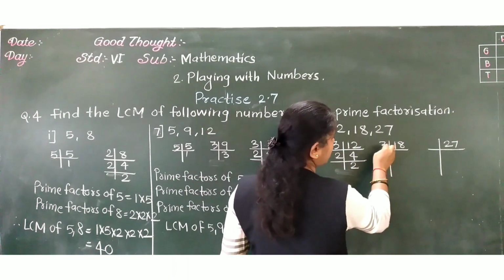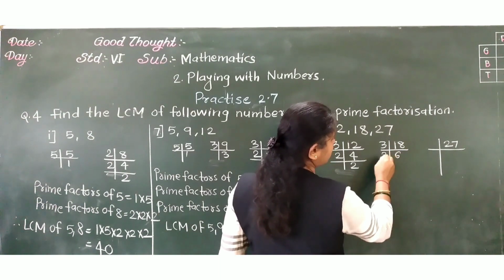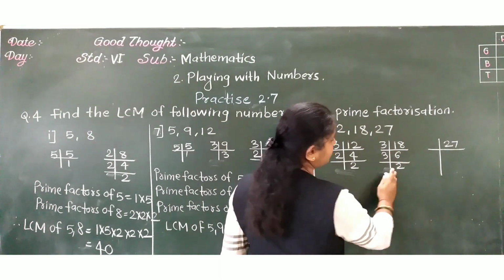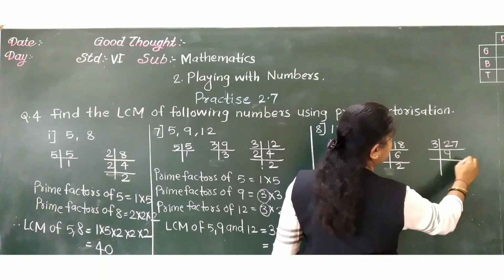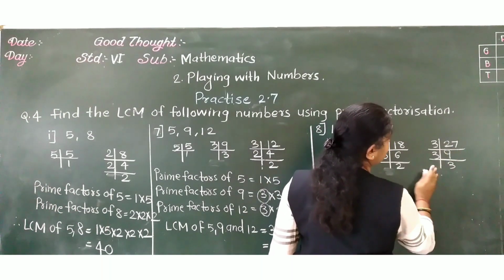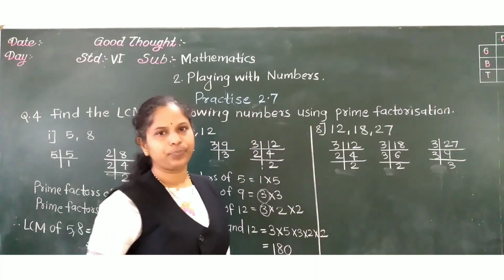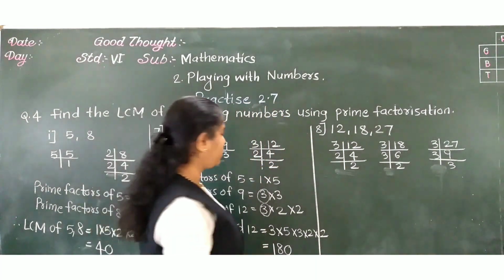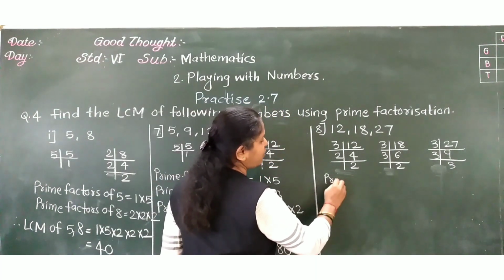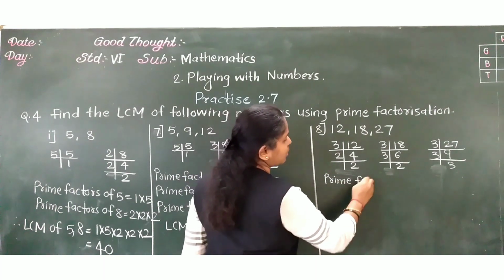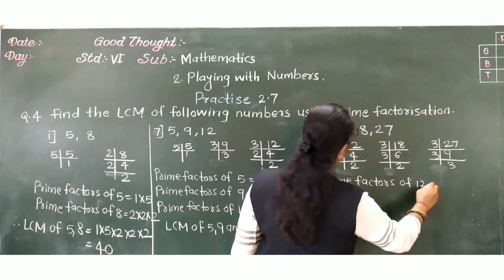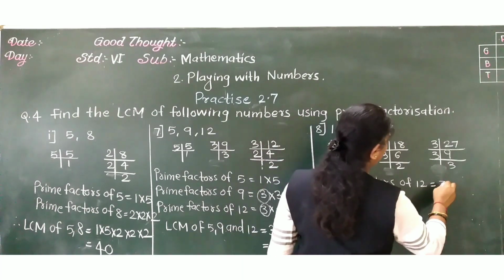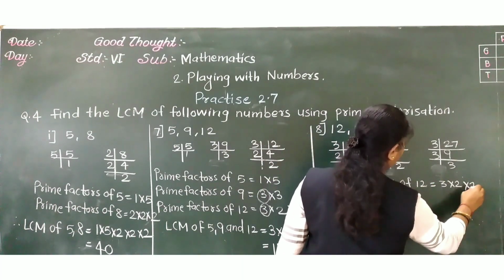Next 18. 3 sixes are 18. 3 twos are 6. Then 27. 3 nines are 27. 3 threes are 9. In this way. Now, right? Next step is prime factors. Prime factors of 12 is equal to 3 into 2 into 2.